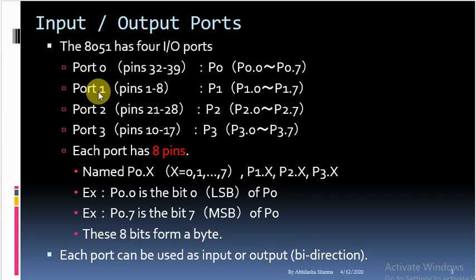Similarly, port 1 uses pin numbers 1 to 8, defined as P1.0 to P1.7. Similarly for port 2 and port 3. Port 2 has pin numbers 21 to 28 and port 3 is from 10 to 17. Each port has a size of 8 pins or 8 bits.